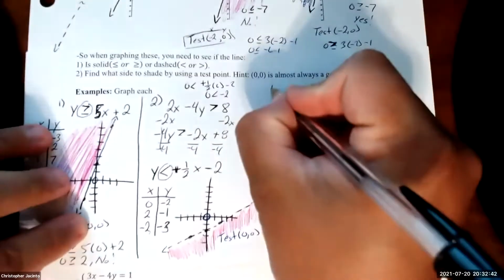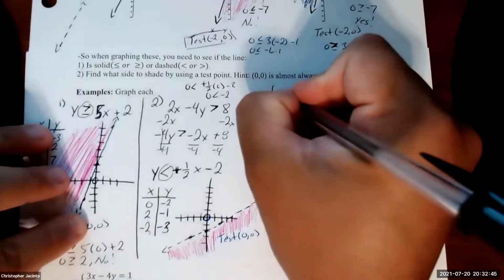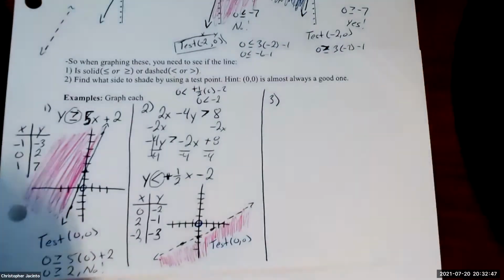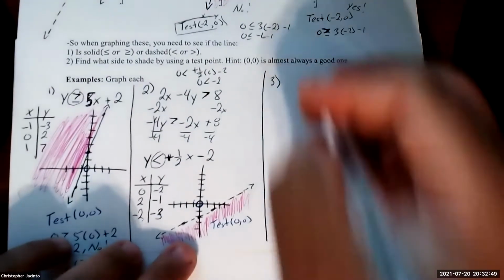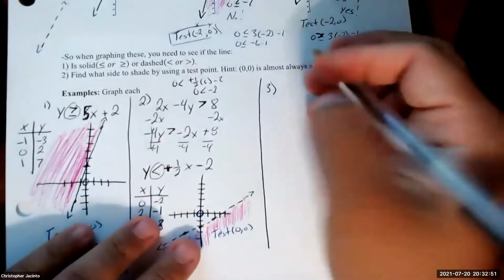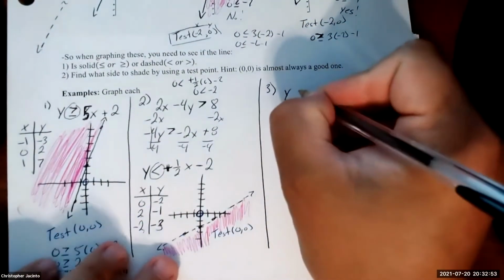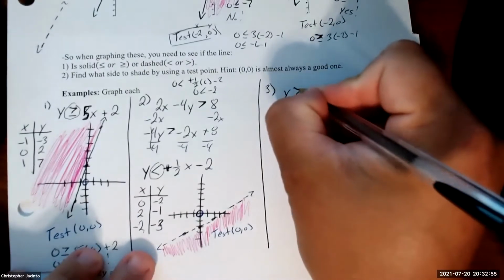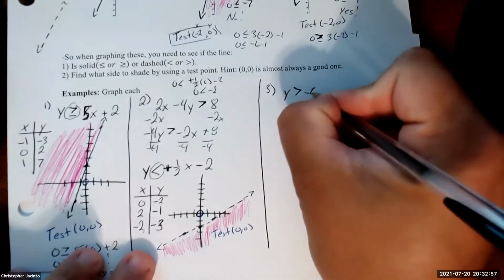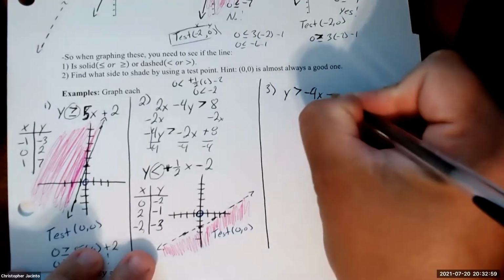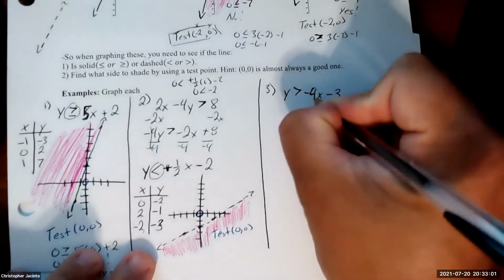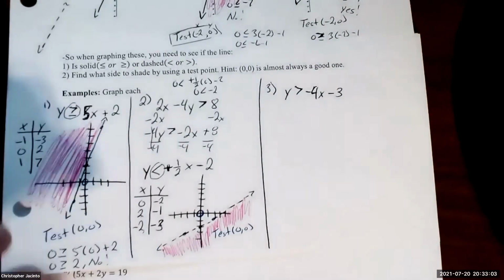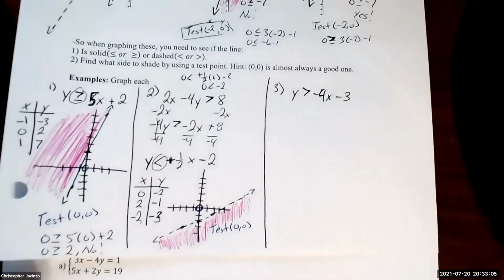So let's just do one more for practice. y is greater than negative 4x minus 3. Okay.